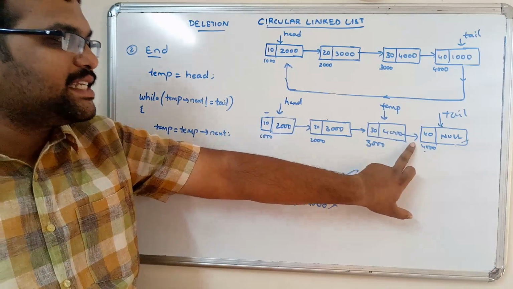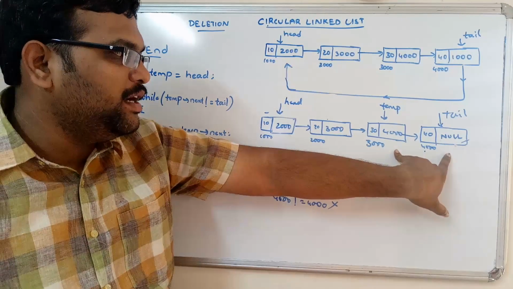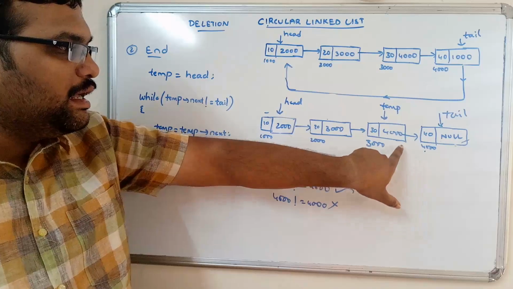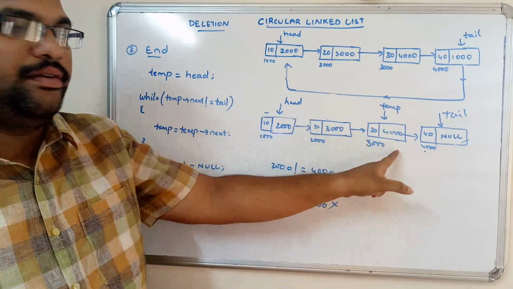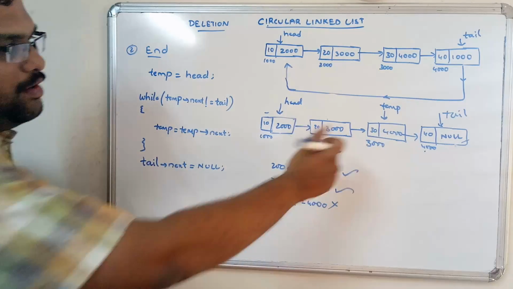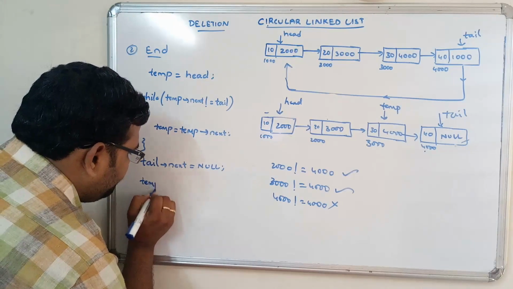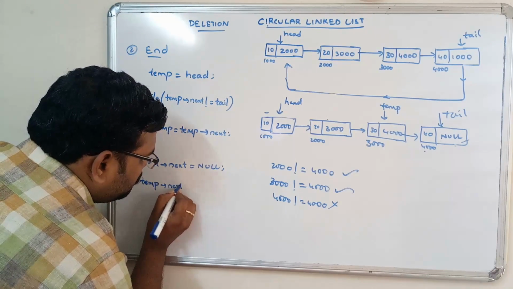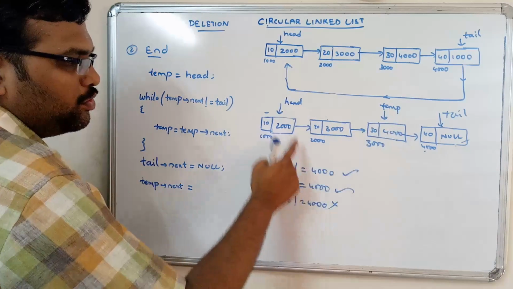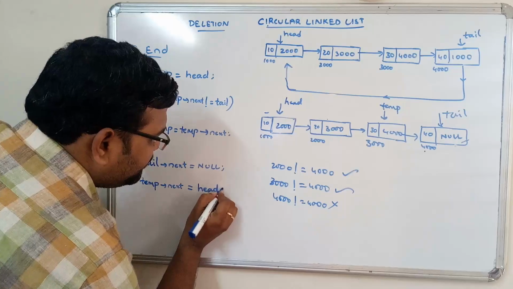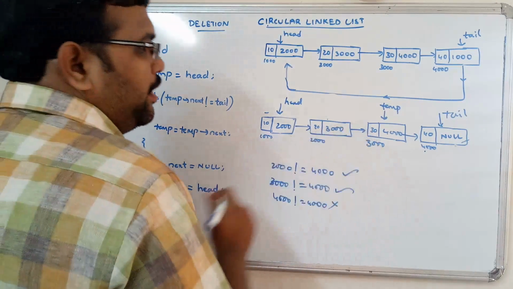Now what we have to do? Here we have to disconnect the connection between the last but one element and the last element, and also here instead of 4000 we have to place 1000, right? For that we know what is this position? Temp of next. Temp of next is equal to head.